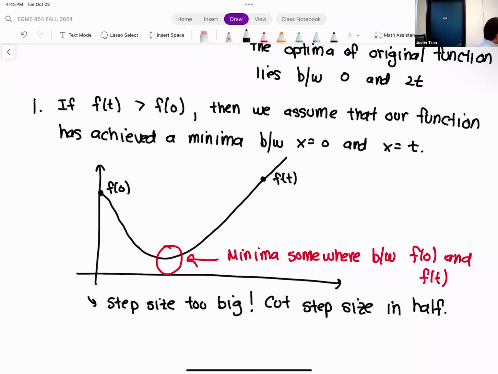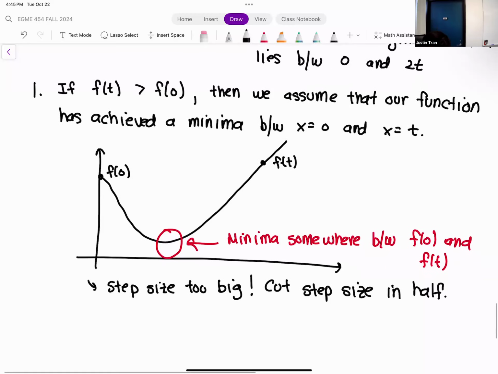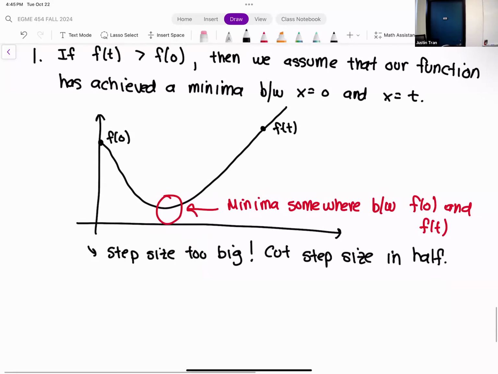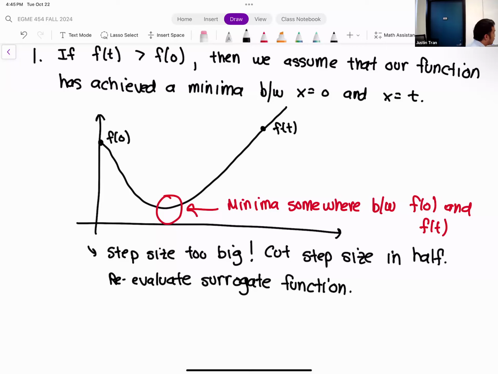After you cut the step size in half, you're going to reevaluate your surrogate function, so you're going to reevaluate the values for a, b, and c, and then check your step size again.